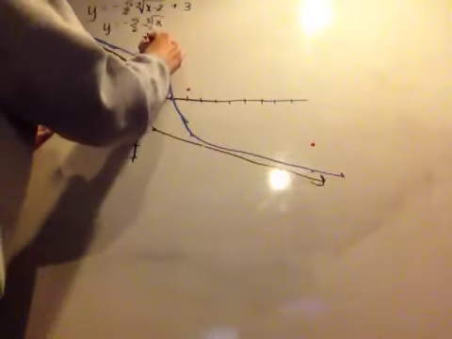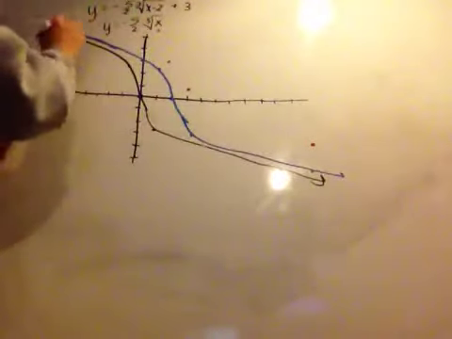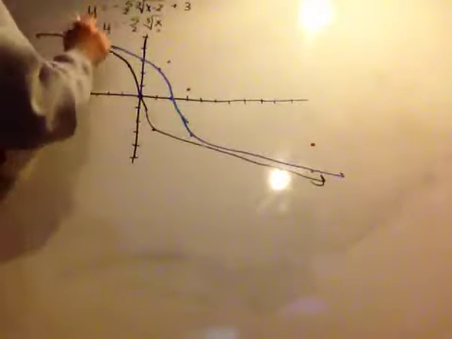This one's going to be up 3. And this one's going to be up 3. It's going to be up there somewhere. And then we'll just connect it again. And that's roughly what your graph is going to look like.